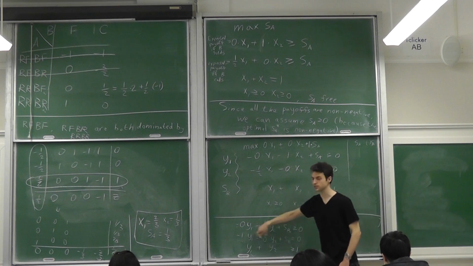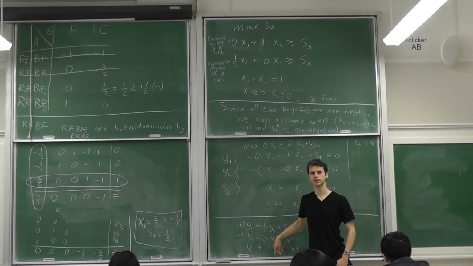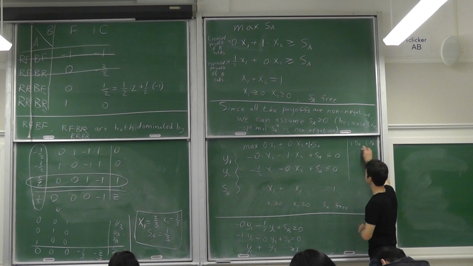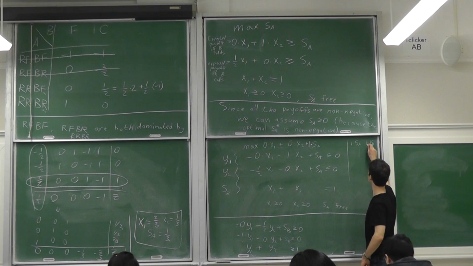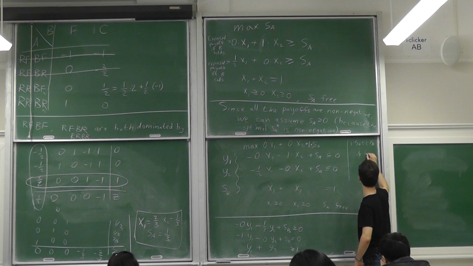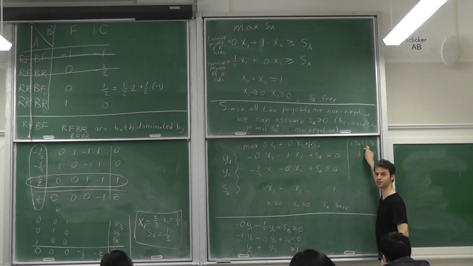So this something is y1 plus y2. I know that this something is at least 1. Does it mean that I can write this inequality? So if this is at least 1, can I write such a thing?